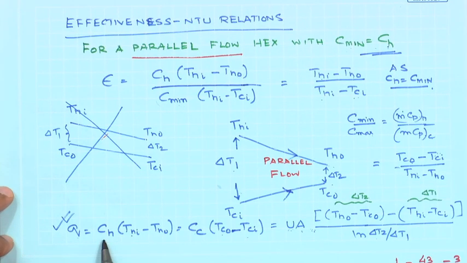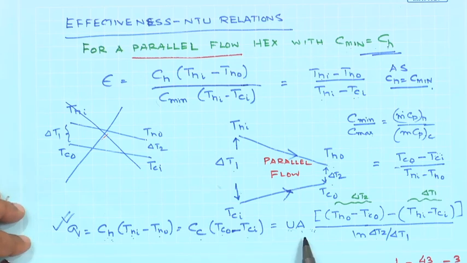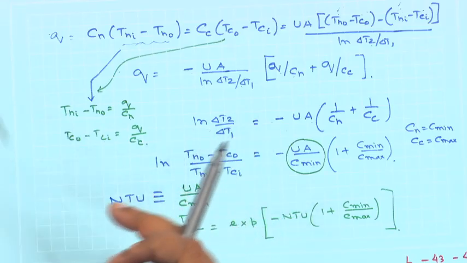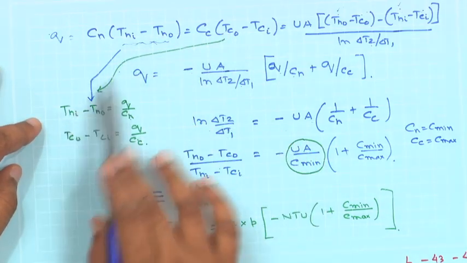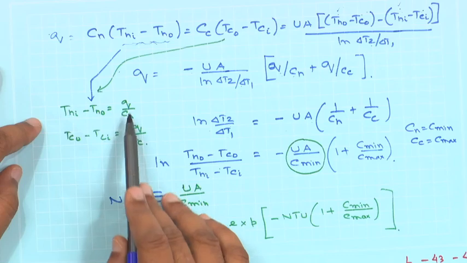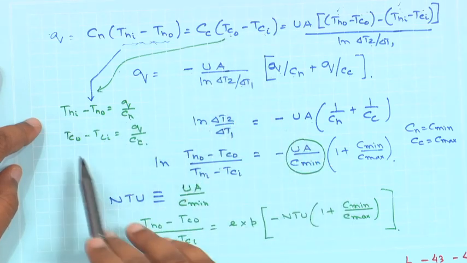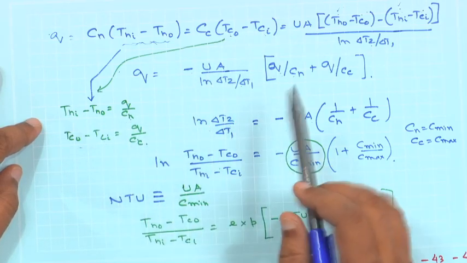This Q is also equal to Ch, the capacity of the hot fluid, times the temperature drop of the hot fluid, and also Cc, the capacity of the cold fluid, times the temperature rise of the cold fluid. And this is simply the definition of LMTD, which we have seen before. So, from these two relations, I can write the temperature difference of the hot side as simply Q by Ch, and the temperature difference of the cold side as simply Q by Cc.